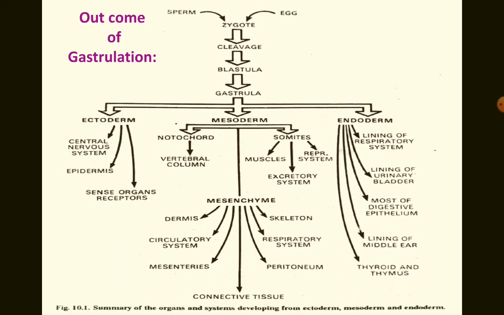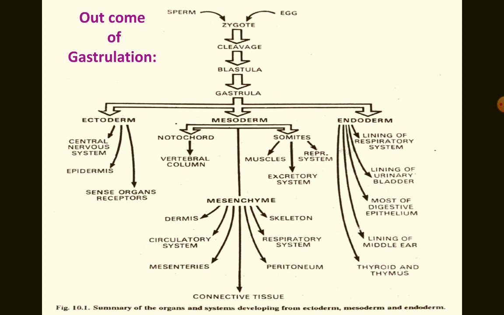So now finally, what is the outcome of gastrulation? It results in the formation of three germ layers. From the time the zygote is formed, with the help of gametes, you get a zygote, then it undergoes cleavage and blastula and then gastrulation.